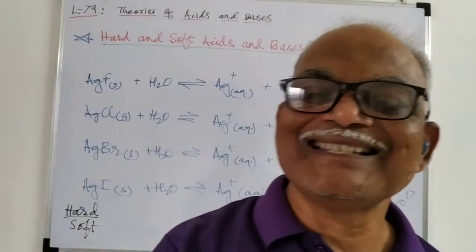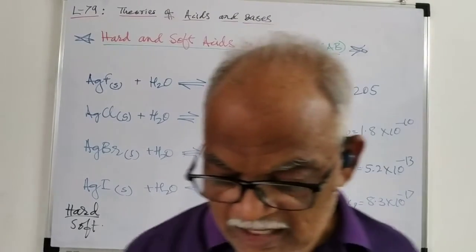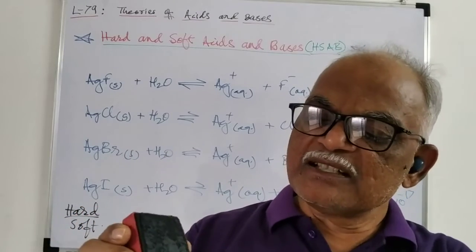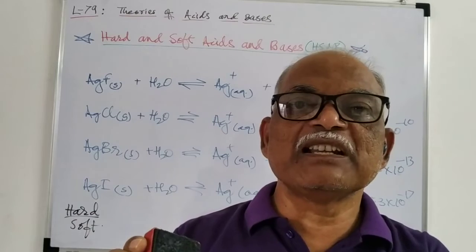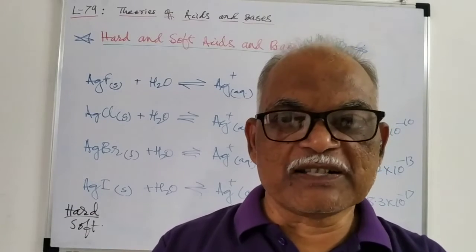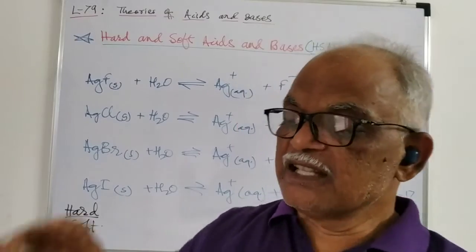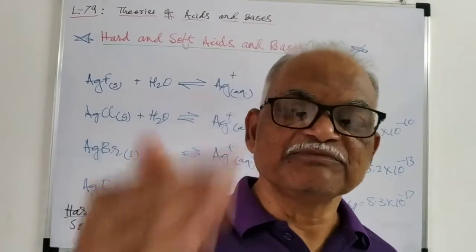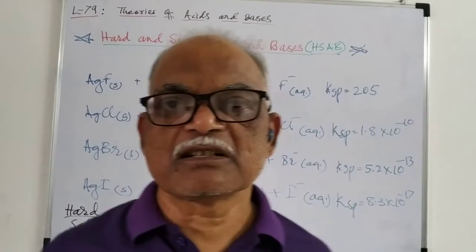But the duster we can press very easily, meaning we can deform it very easily. This is called soft, and the wall is called hard. So this hardness and softness is in a general sense.